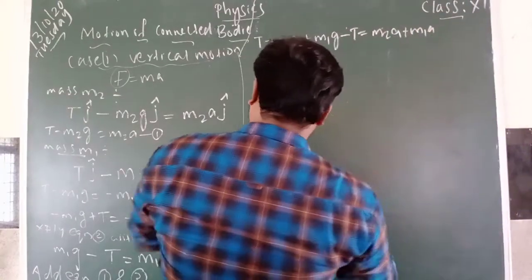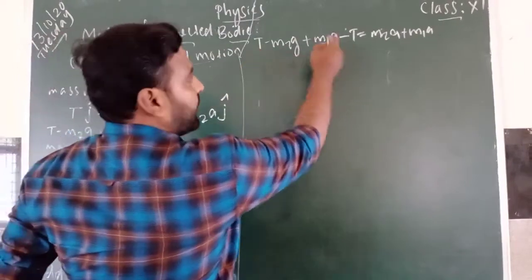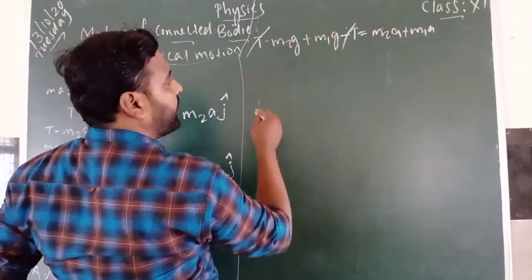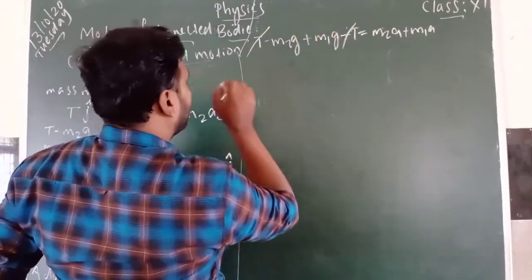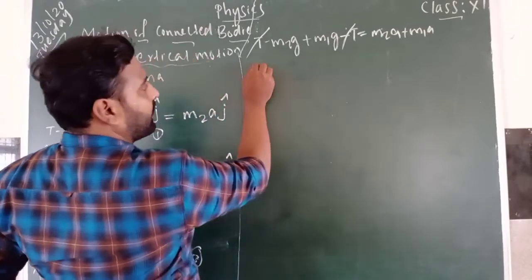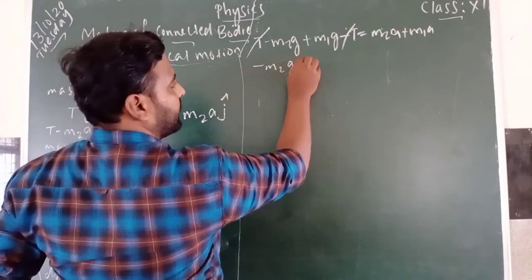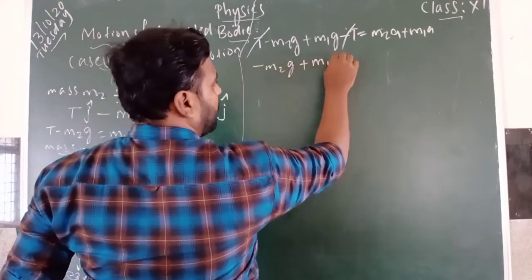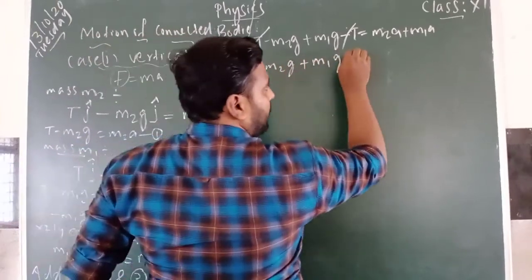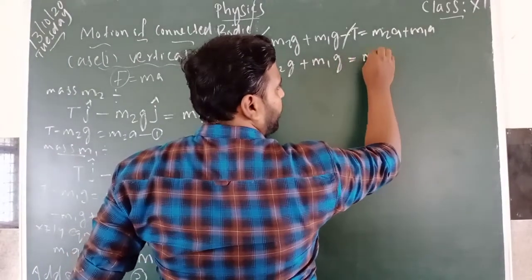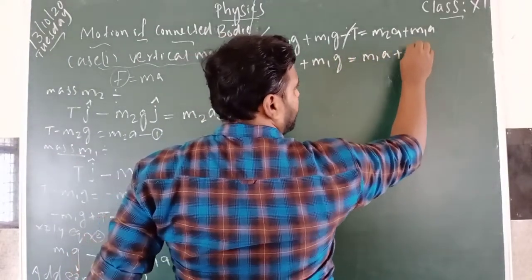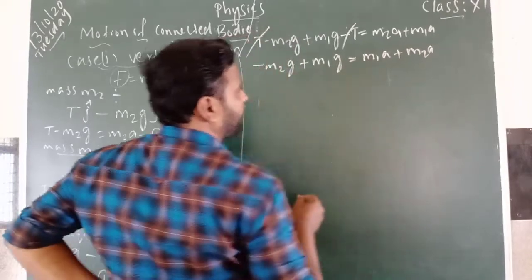Now you know here plus T, here minus T. So cancel this T and T. So what will remain? Minus M2G plus M1G equal to M1A plus M2A.